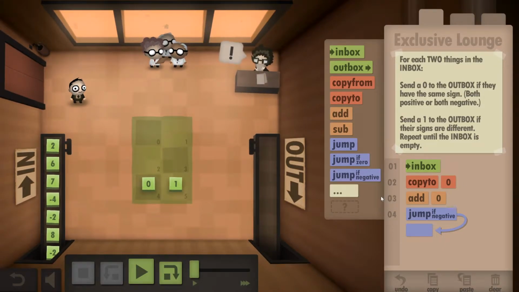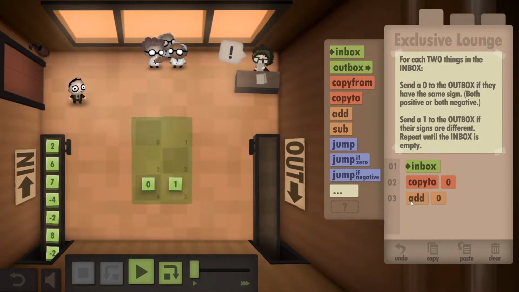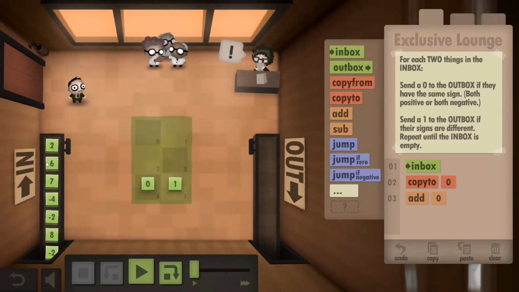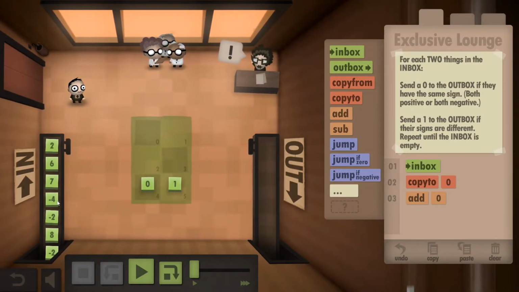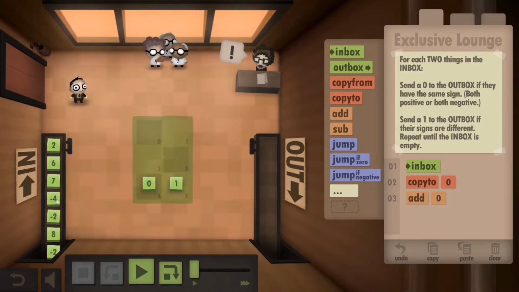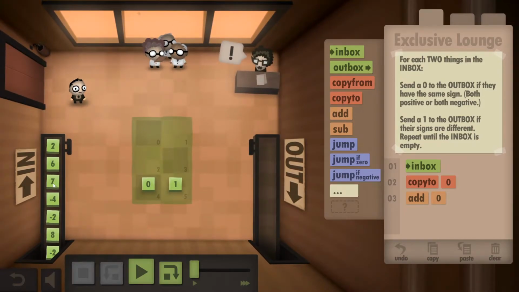Yeah, I didn't fully understand the problem there. So we have to do the things to these two numbers. Looking at them here, 2 and 6, we would send a 0 because the sign is the same. They're both positive numbers. 7 and negative 4, we would need to send a 1 because they have different signs.